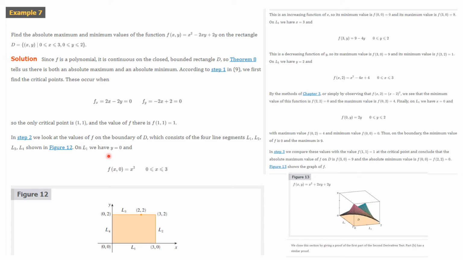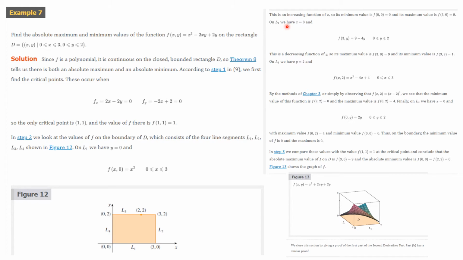On L1, we have y equal to 0, so we have a function of a single variable. The max or min of this happens either at the boundary or inside, and that's when 2x is equal to 0.